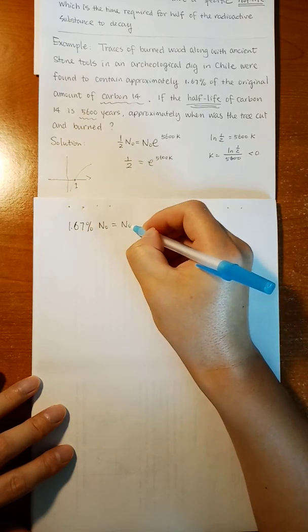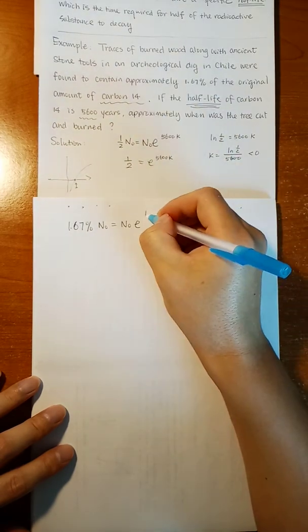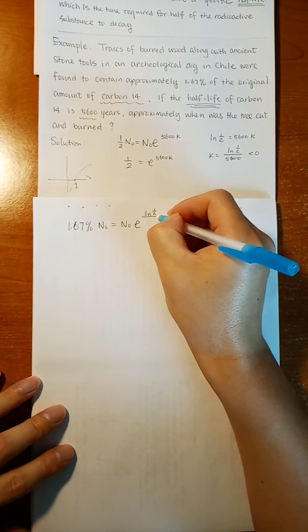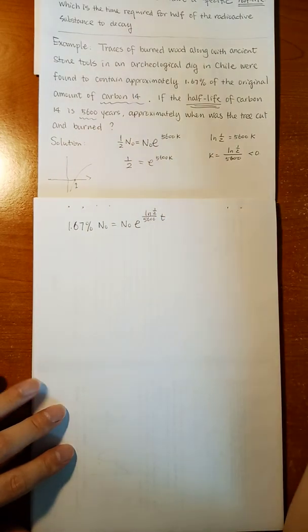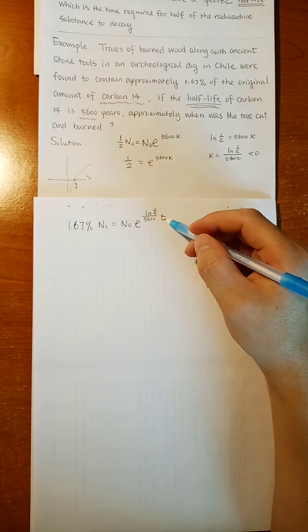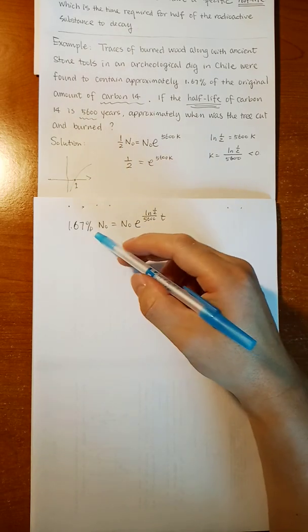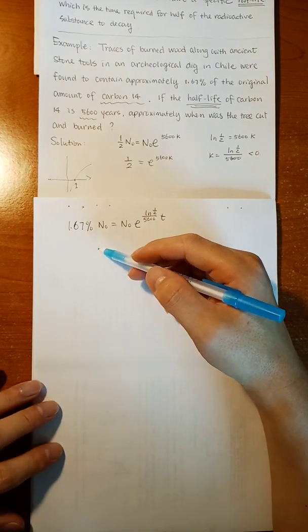And initial amount, exponential natural log 1/2 over 5600. This is K, times T. Okay, we're looking for the proper time T that corresponds to this percentage, 1.67%.